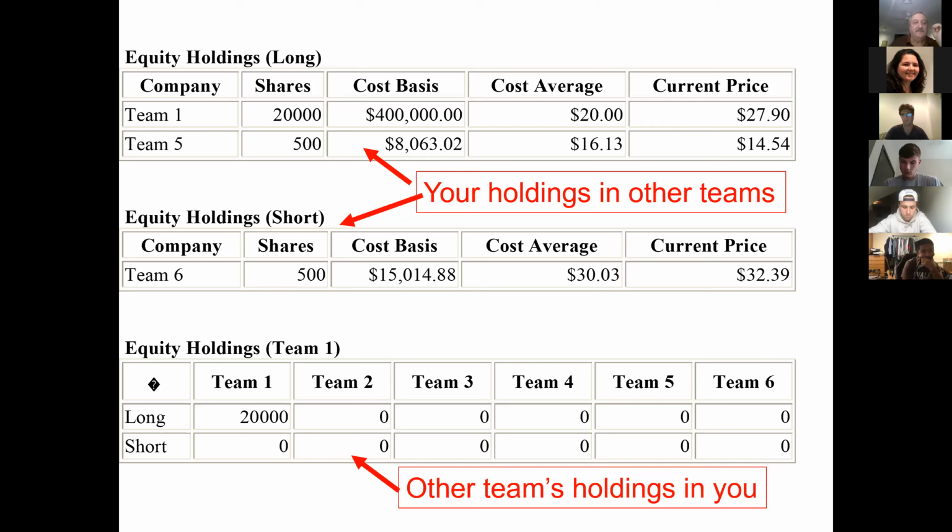So the first 2 tables show the equity holdings you have, and the bottom one shows what teams own your stock, right? So you find out that, well, there's nothing here, right? But you can find out which teams have bought your stock. You can find out which teams have sold short your stock.